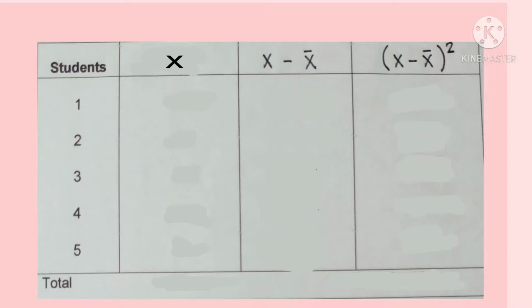For the first column, since we have 5 students, let's put 1, 2, 3, 4, and 5, and then for the x, which is the score, let's put 10, 9, 7, 6, and 4. Before we can proceed to our third and fourth columns, we first need to get the arithmetic mean of the data set.